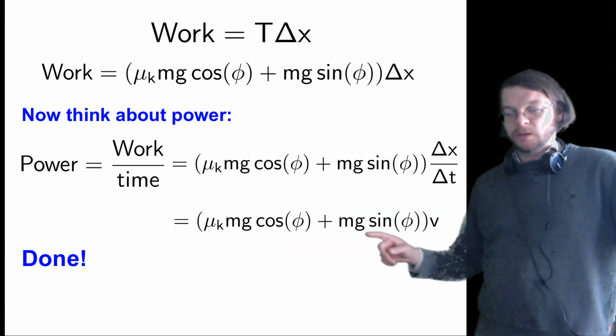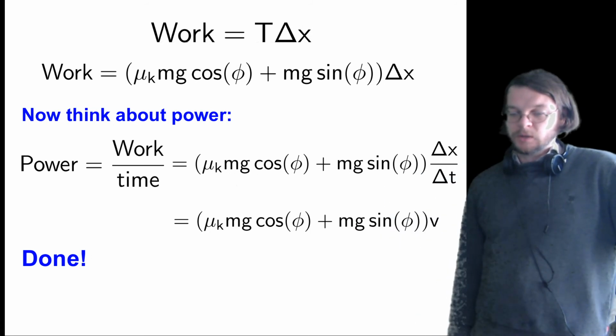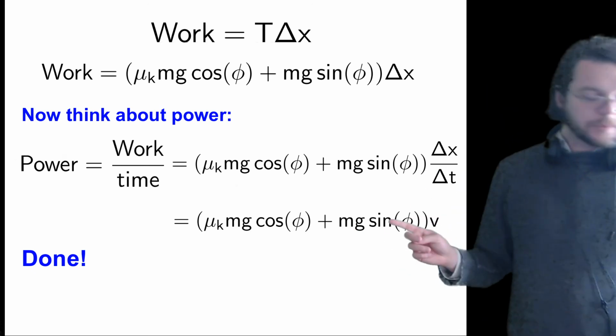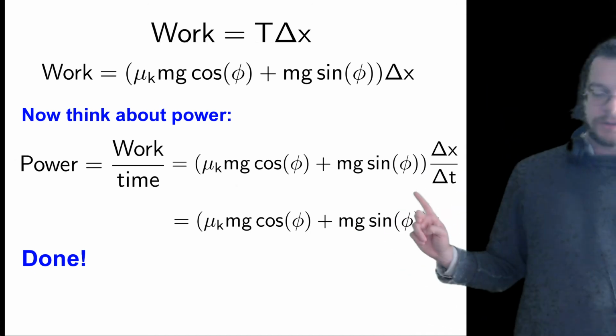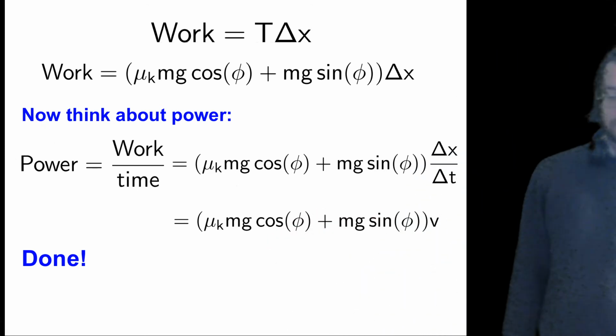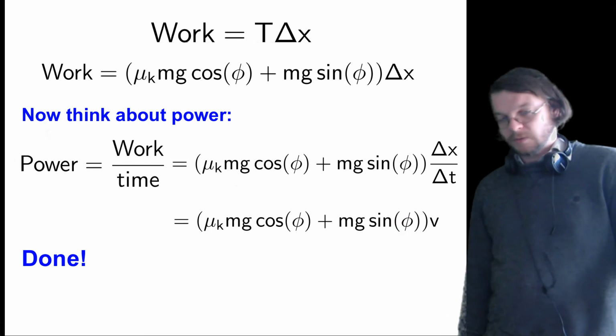The weight of the skiers matters, mg. The angle of the hill matters. Steeper hills are harder to pull people up. So this is what we get for the power that you need. So you can run these numbers. You can figure out how much power you need from the electric motor that you need to buy, how much electricity you need to pay for, that sort of thing.